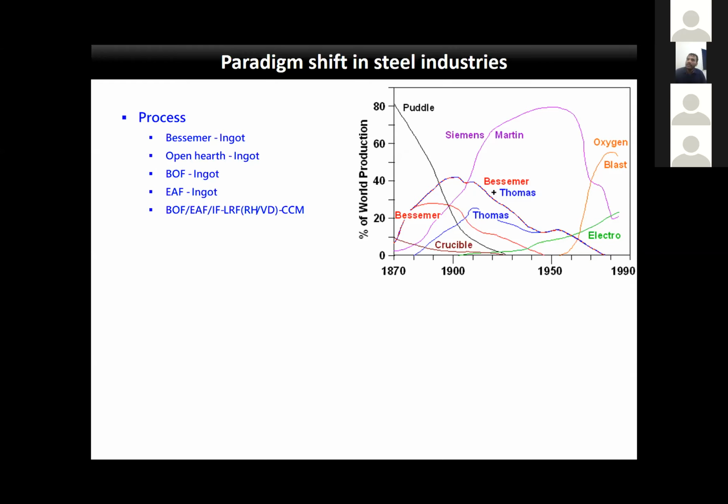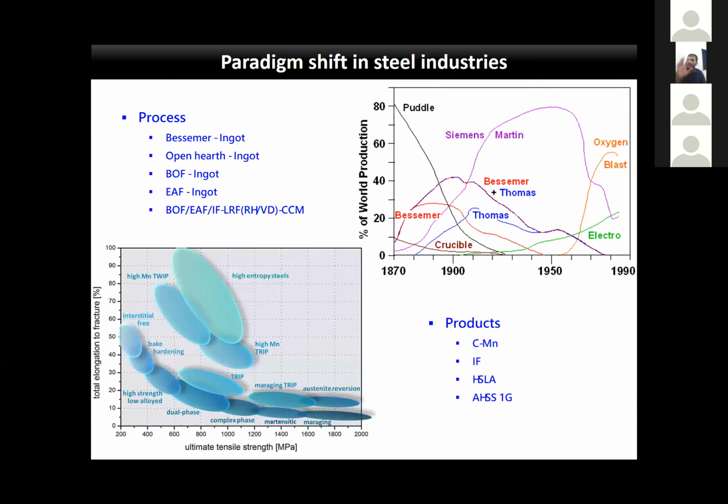Or else electric arc furnace taking DRI or steel scrap as a raw material, followed by ladle refining furnace with or without vacuum degassing and continuous casting, and there are several downstream processes to shape the product and to get the specified mechanical properties.